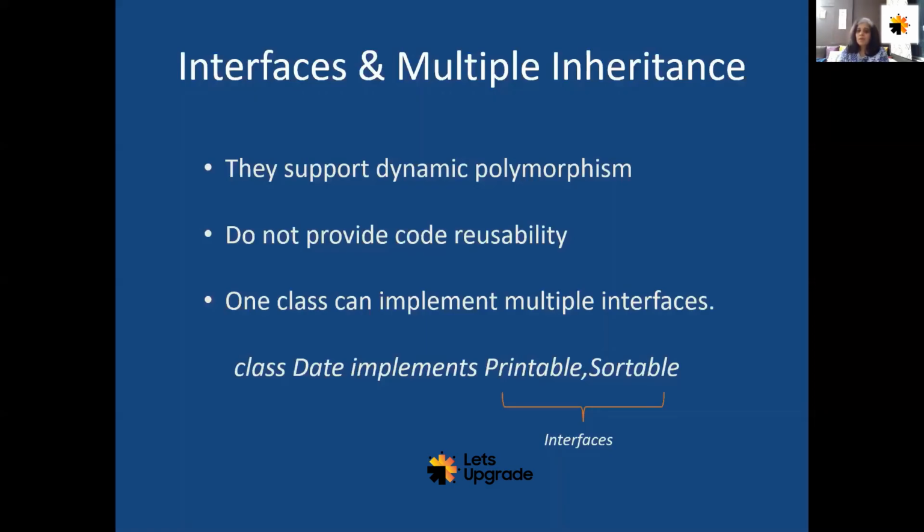But then what is the other advantage of inheritance? Achieving dynamic polymorphism. That particular advantage we get through interfaces also, right? So how will interfaces help us to achieve this multiple inheritance or dynamic polymorphism?